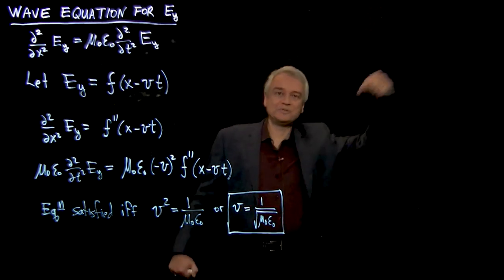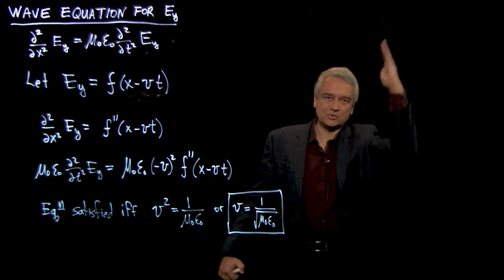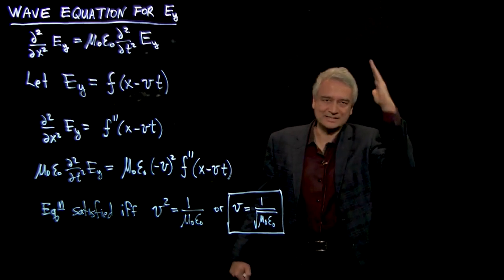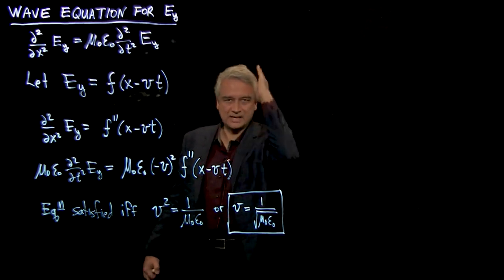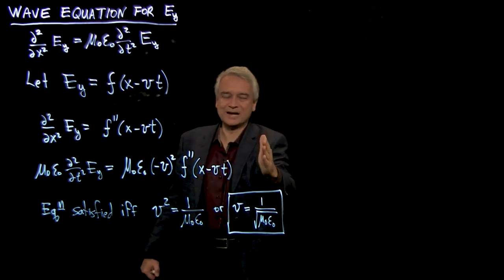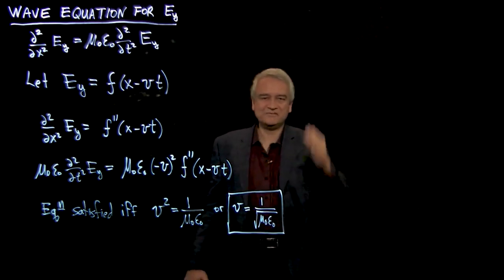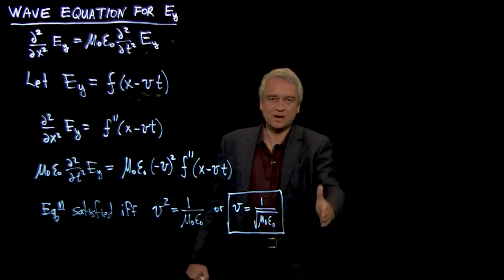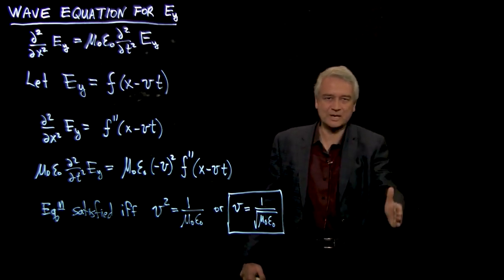And then if I go to a later time, let's say t2, I have to go vt2 to the right from my original point to get to the place where f has the same value that it had here on this plane at time 0. So at time 0, f had some value here. At time t1, it has a value of vt1 over to the right. At time t2, it has that same value vt2 over to the right.